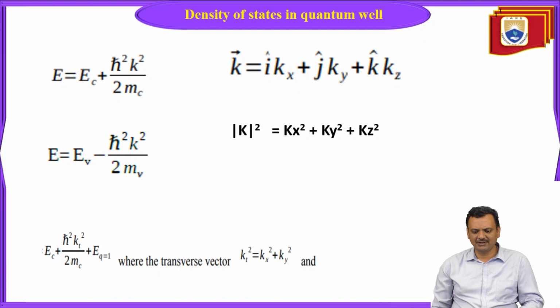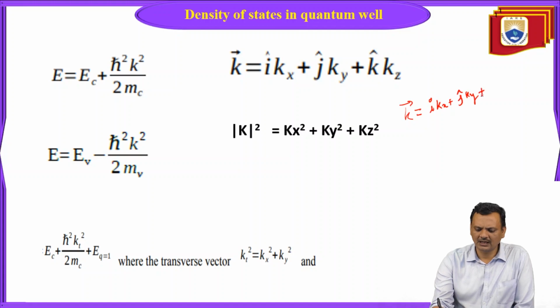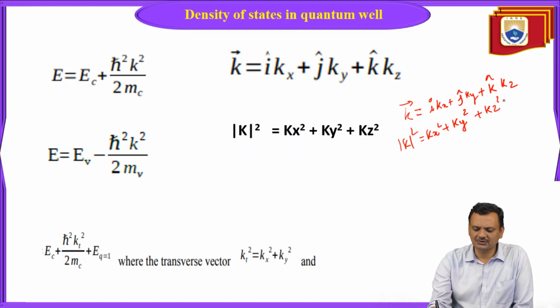Now the wave vector k, like in the bulk case, you can write as i kx plus j ky plus k kz. So mod of k square will be kx square plus ky square plus kz square.